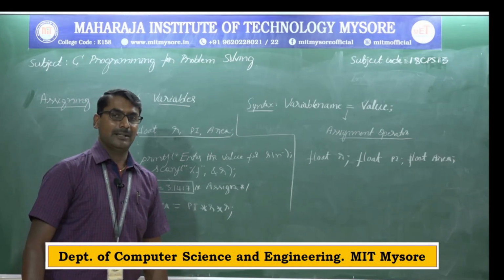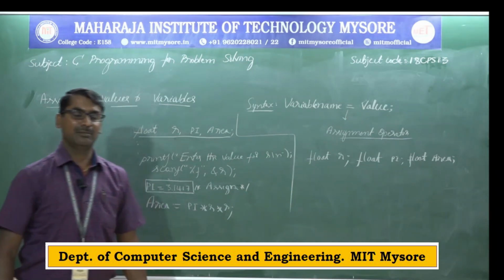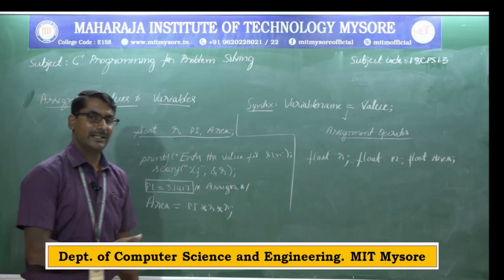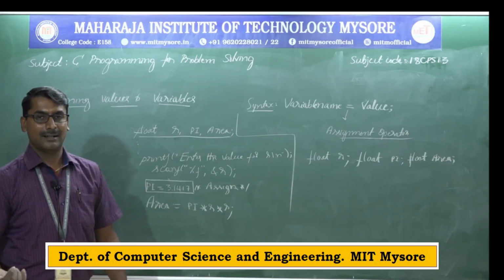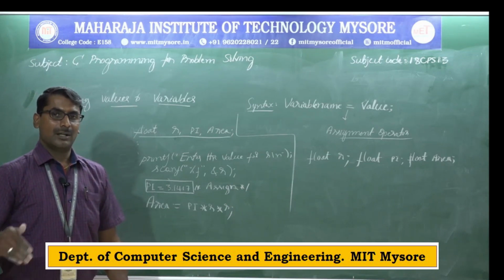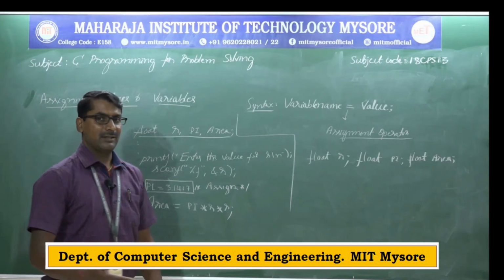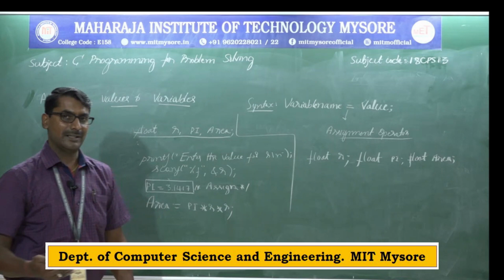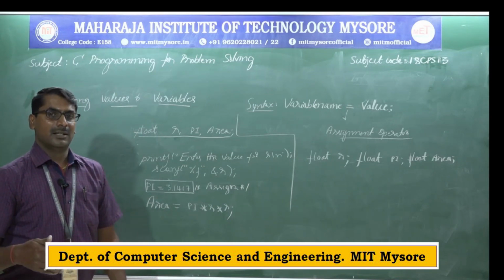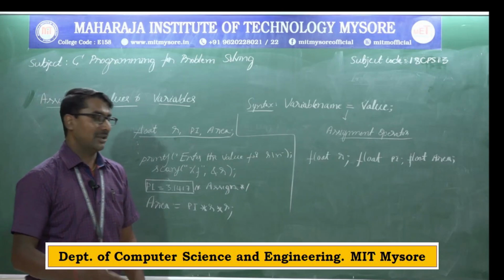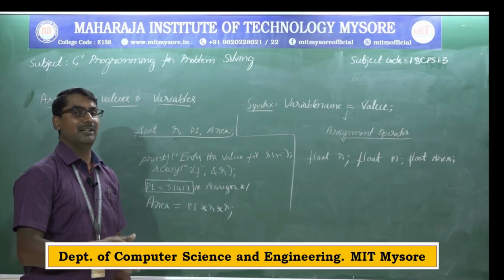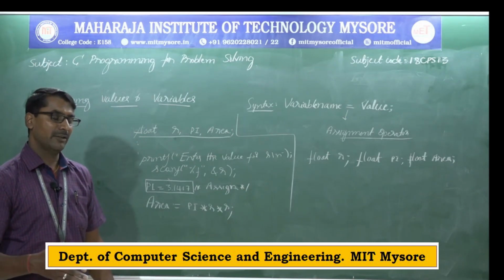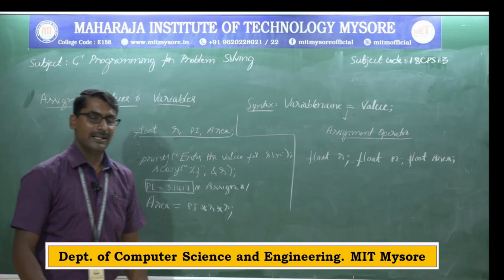In the shortint data type, it can store only the values between 0 to 255 for unsigned, and minus 128 to 127 for signed. If you try to assign 300, it will return an error message, because 300 requires 9 bits. But if you assign 100, it requires only 8 bits.